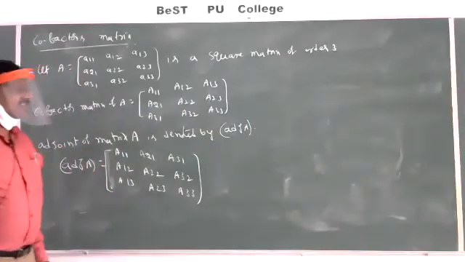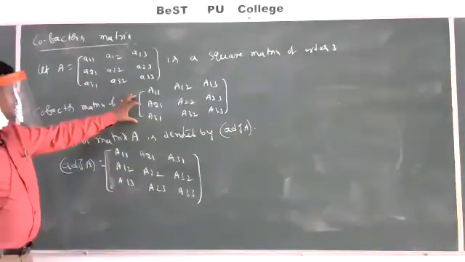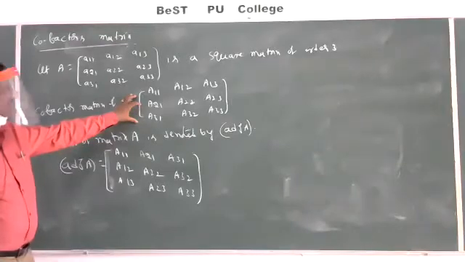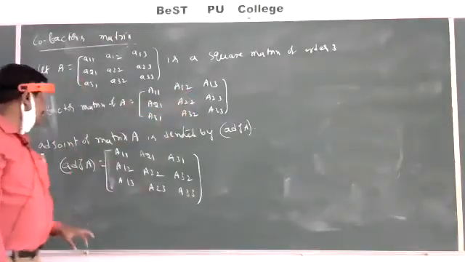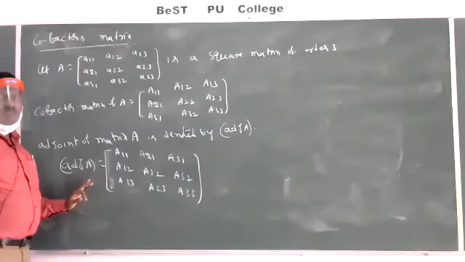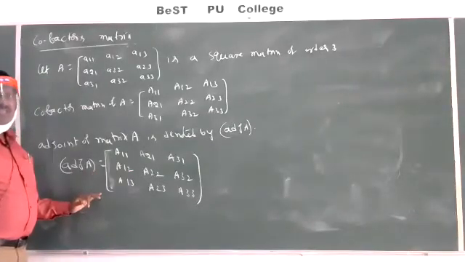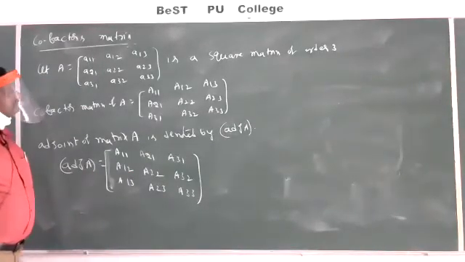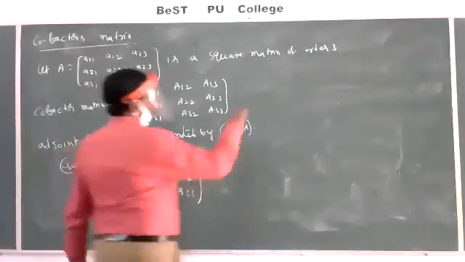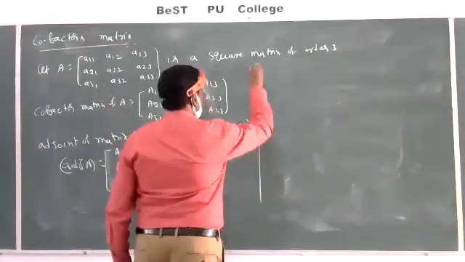And if you write the transpose of this cofactors matrix, that is called the adjoint of the given matrix. First, write down the cofactors matrix.